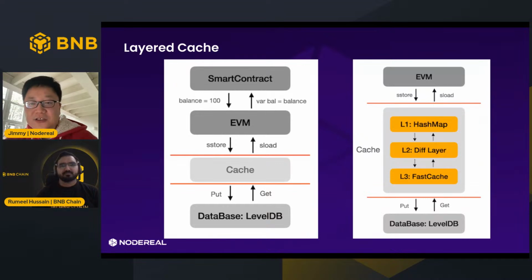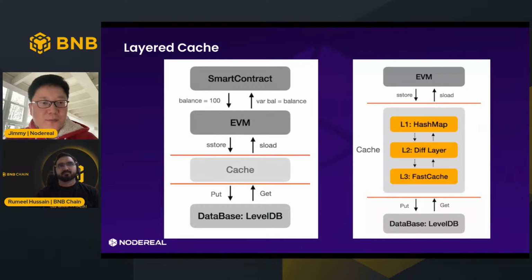And the fast cache holds even older states that were already flushed into the disk. With the cache, we can increase the speed of operations on the full node or validator node. So these are the three layers of the cache mechanism.